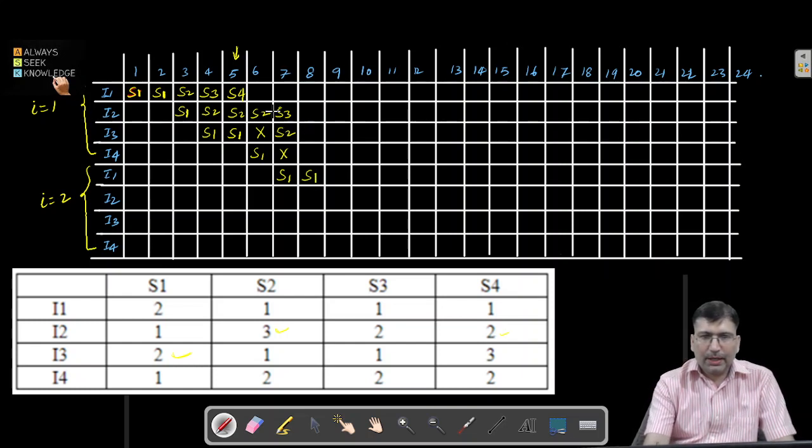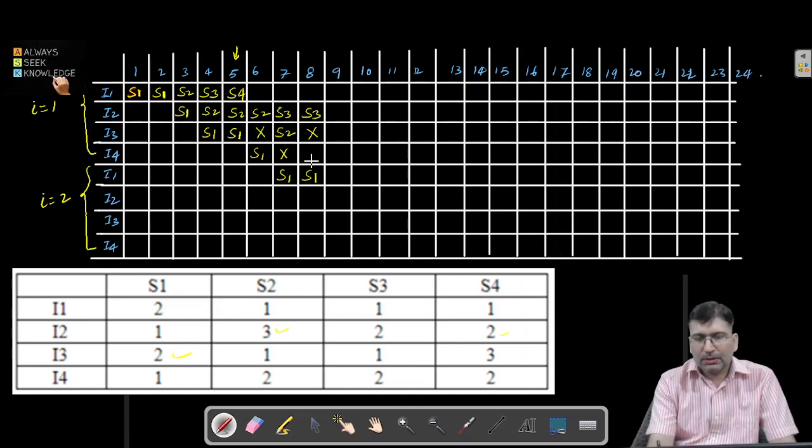Now I2 in stage 3 was taking 2 cycles, so it is still in stage 3. And I3 in stage 2 was taking 1 cycle, but it cannot move ahead because I2 is still in stage 3.